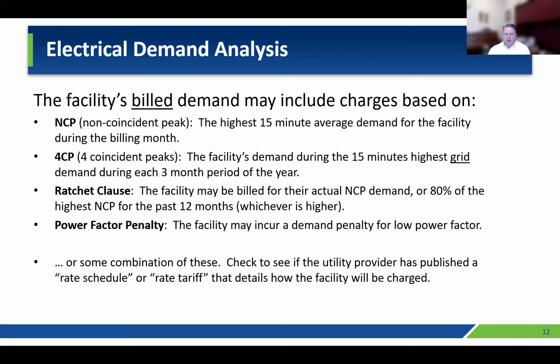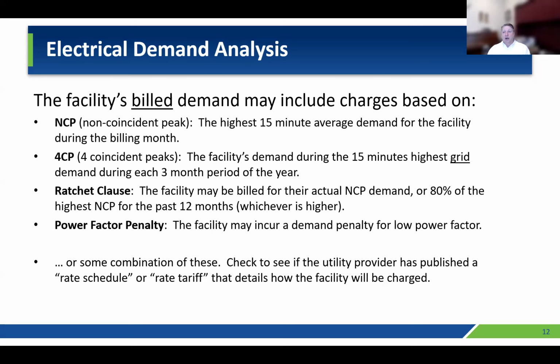One other thing to be aware of is what's known as a ratchet clause. If one month you have a particularly high peak, and then the next month you have a particularly low peak demand, they still may charge you for a higher value, because in essence, they had to install power lines and transformers and things to be able to handle this larger demand.